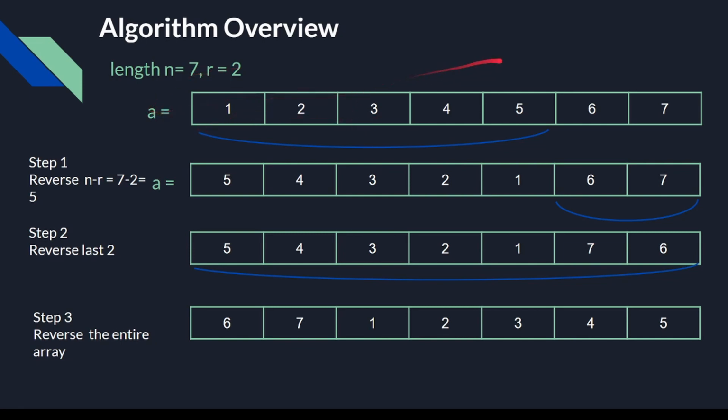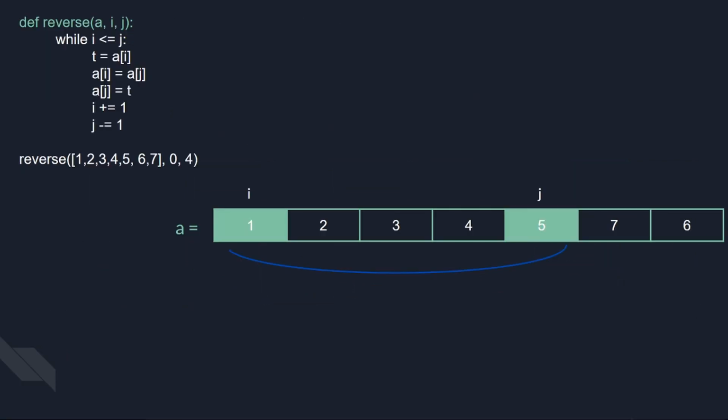So 1 to 5, you reverse all of them. So now you have 5, 4, 3, 2, 1, 6, 7. And then you reverse the last two. Now you have 5, 4, 3, 2, 1, 7, 6. And then you reverse the entire array. So now you have 6, 7, 1, 2, 3, 4, 5.